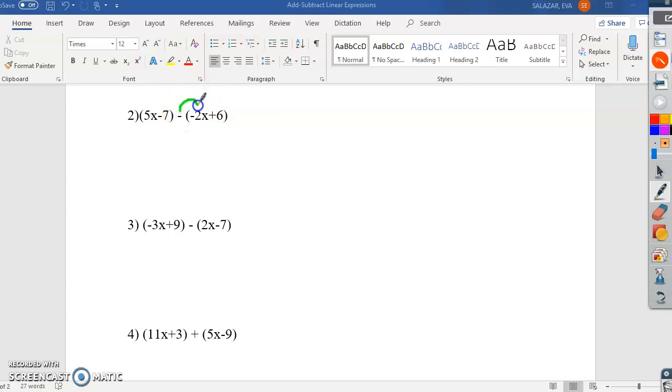So you're going to distribute as if you were multiplying. Remember, the distributive property means multiplication. So I'm going to take negative times a negative 2x. That means I now have a positive 2x because a negative times a negative is a positive.